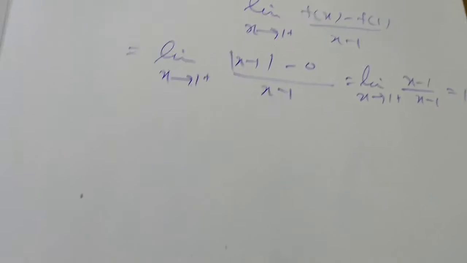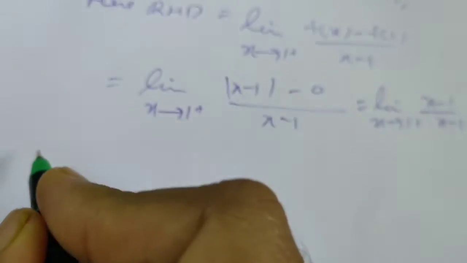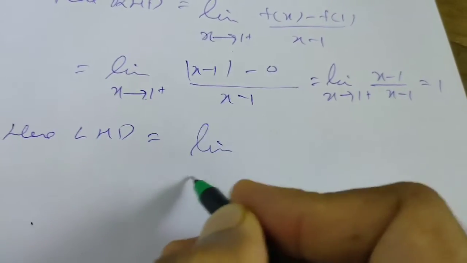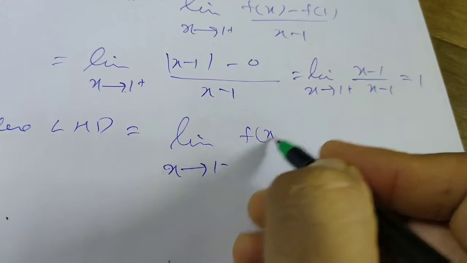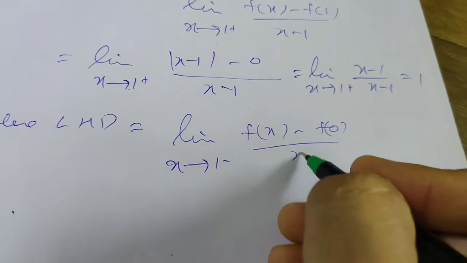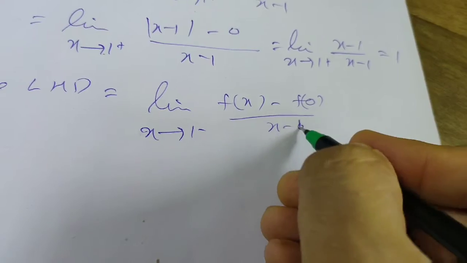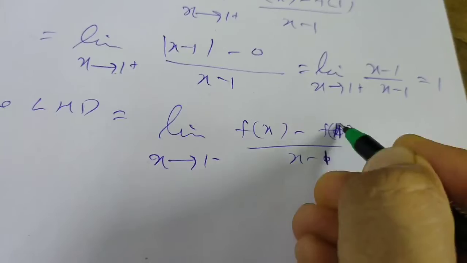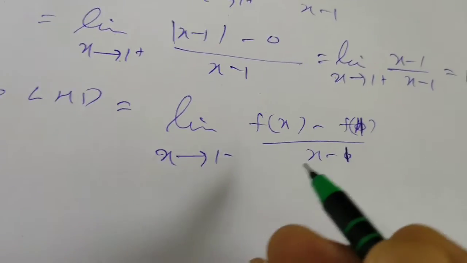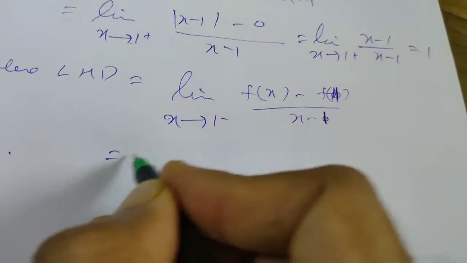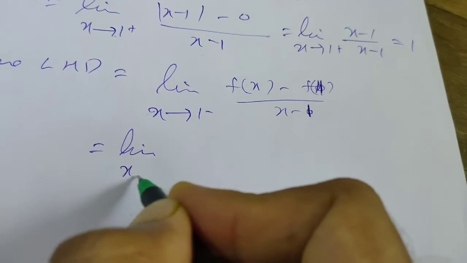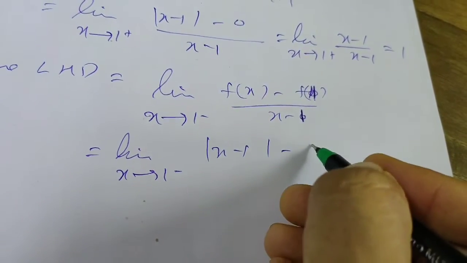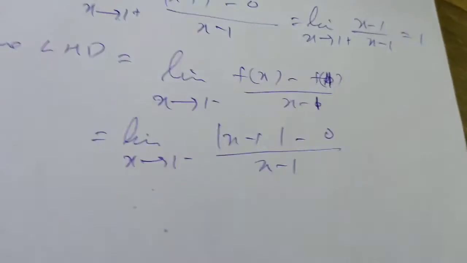Now let us find the left hand differentiation. So here LSD equals limit x tends to 1 negative, (f(x) - f(1)) over (x - 1). So limit x tends to 1 negative, what is f(x)? f(x) is mod of x - 1, minus f(1), that is 0, over x - 1.